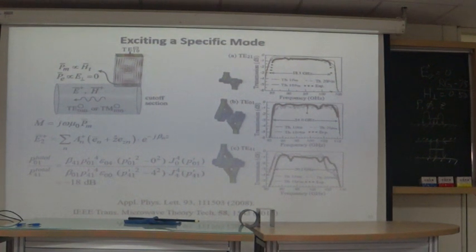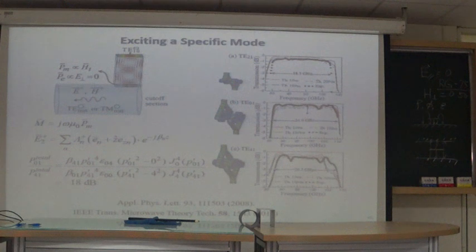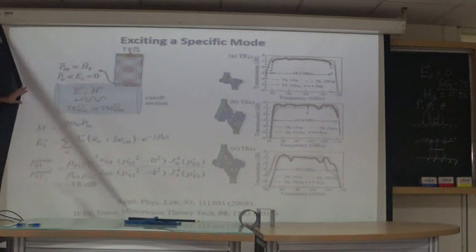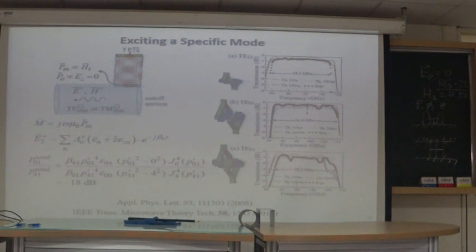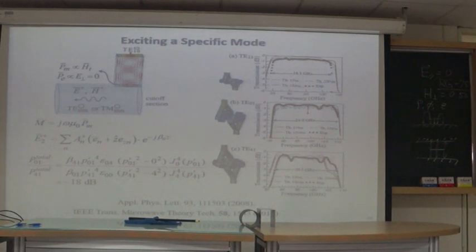If we have a small opening here, and we have an electric field, the electric field, that's the conductor. So this case looks like an electric dipole. So a small opening can generate an electric dipole.